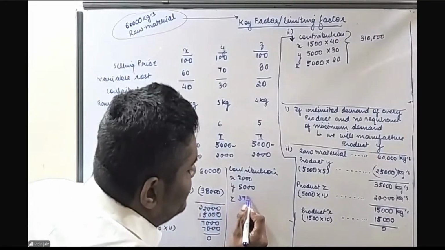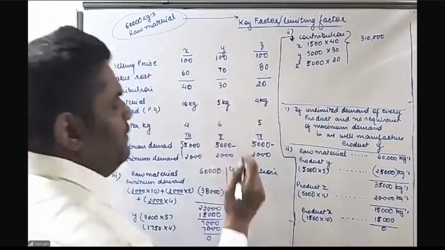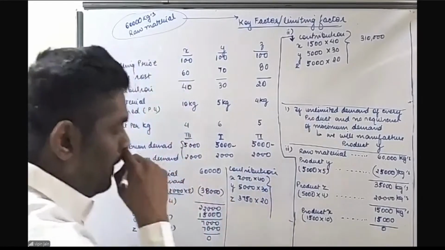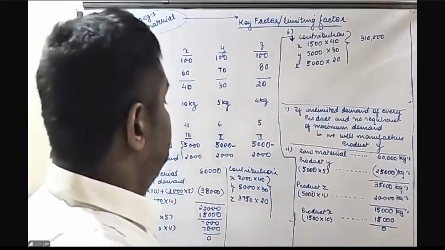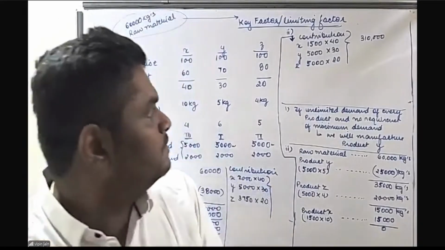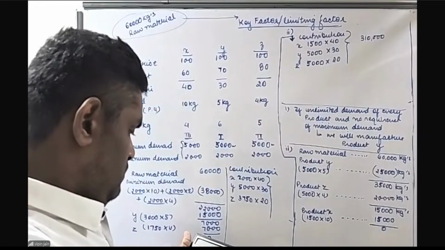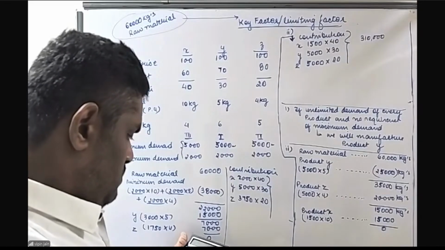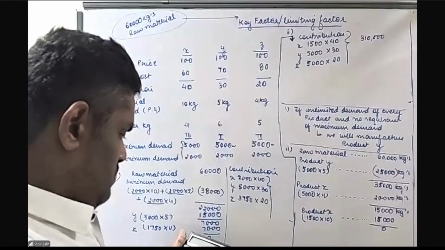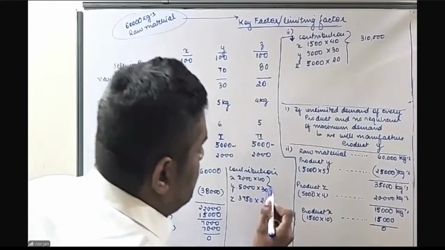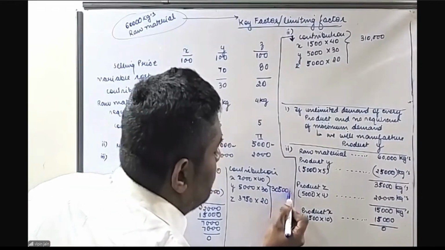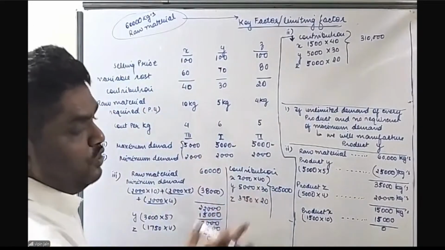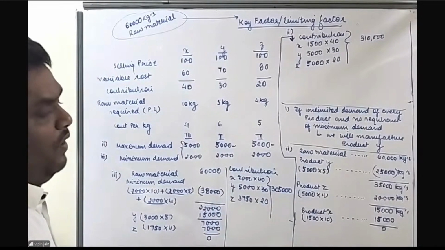So 3750 of Z into the contribution, that is 40, 30, and so on. With the available constraint, we'll get the contribution of 3,05,000. That is the maximum contribution we will earn.